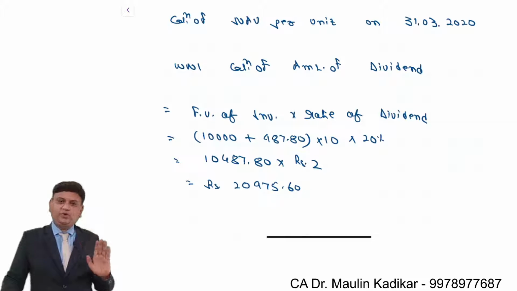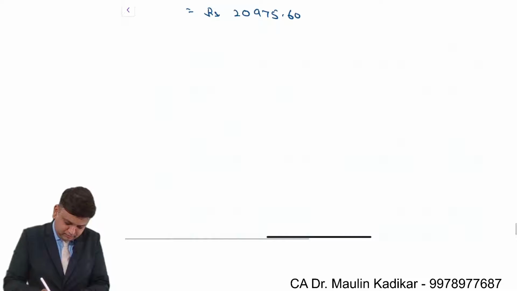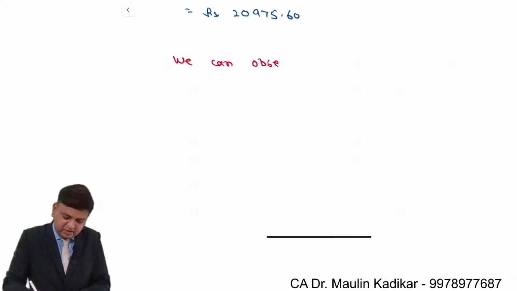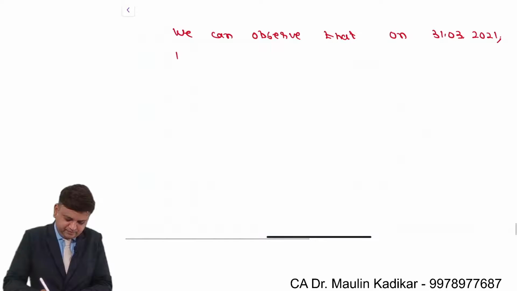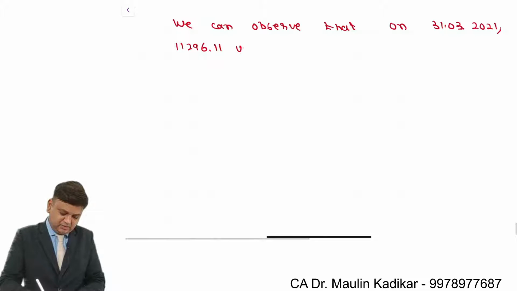Now I am dictating a note to you. However, that note is not supposed to be written in the examination. This is only for understanding purpose. We can observe that on 31st of March 2021, 11,296.11 units were redeemed.